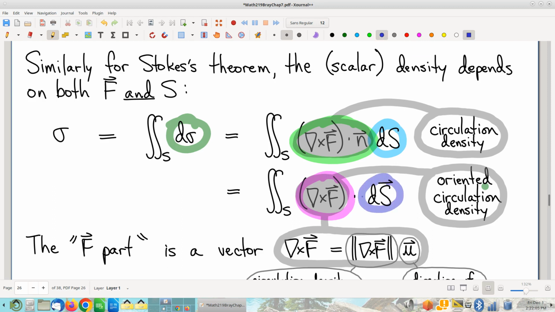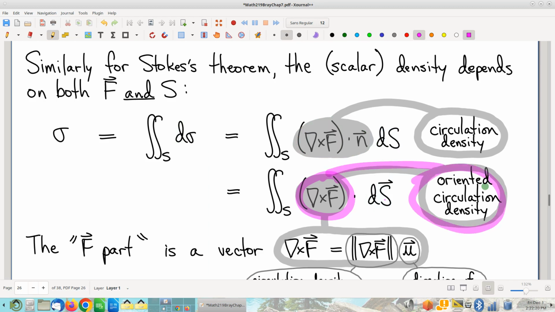And again, that's exactly what the ds vector is. It's orientation and size. The little n is the orientation, ds is the size. So this term, oriented circulation density, I think, is a really natural way to think about what curl is.